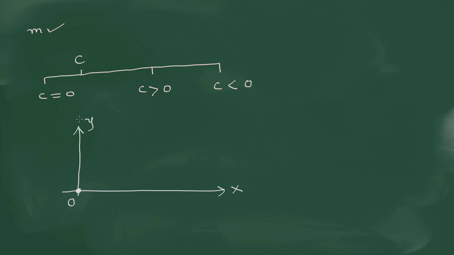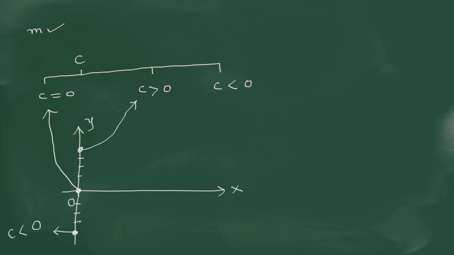C greater than 0 means this particular point, if I draw a point like this, corresponds to C greater than 0. Now this particular point corresponds to C equal to 0. And for C less than 0, you have to extend the y-axis toward the negative values. That means these are the positive numbers and here you have the negative numbers. So if I put a point here, this particular point will correspond to C less than 0.